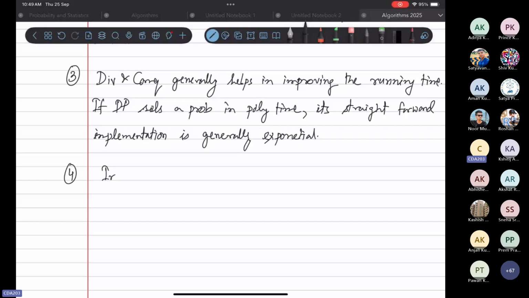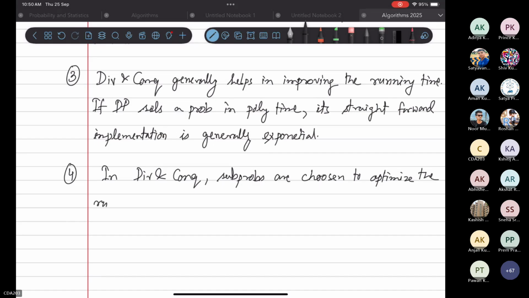In divide and conquer, subproblems are chosen to optimize the running time. So our intention is how we can bring down the running time of that process.